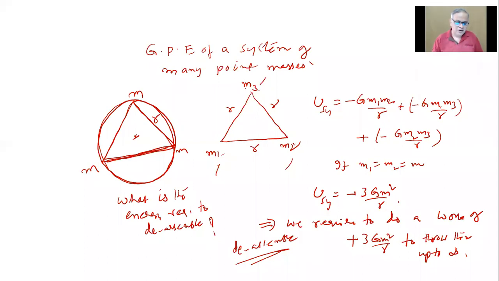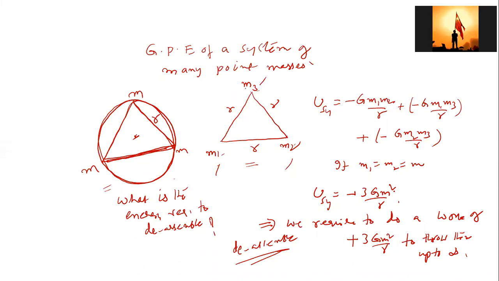First of all, tell me, do we require more energy in this case or in this case? Look, they were all at rest initially. So we required so much energy to move them away from each other.